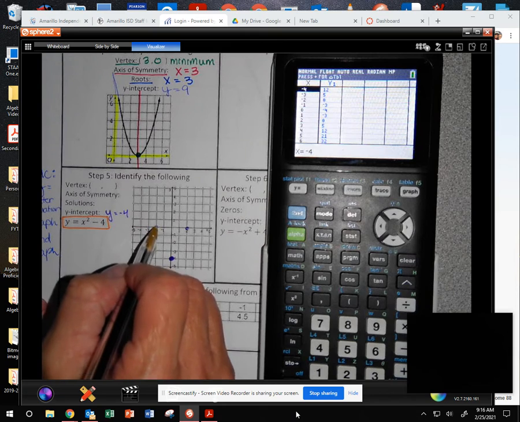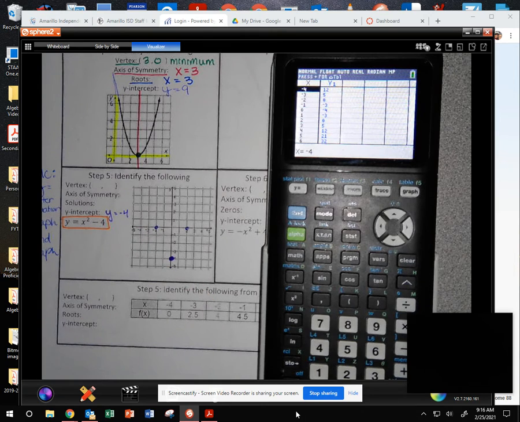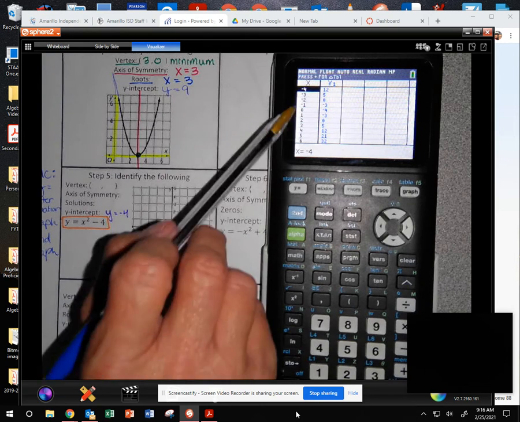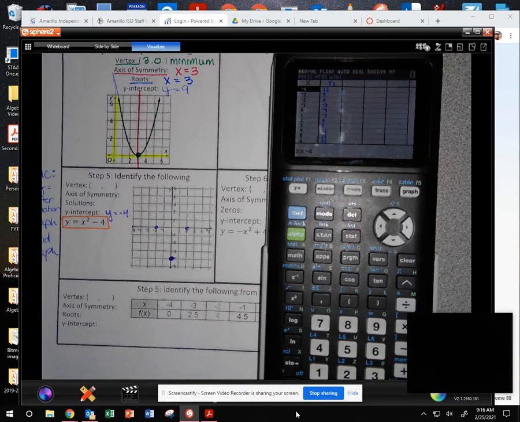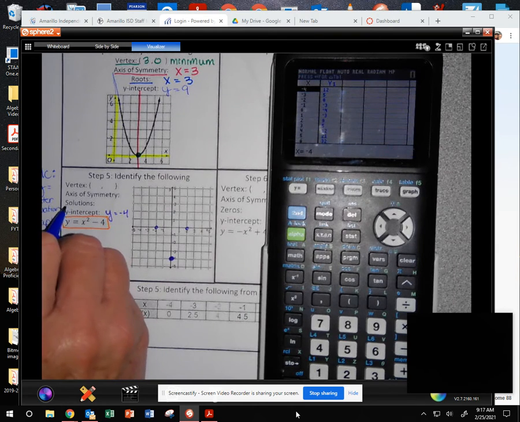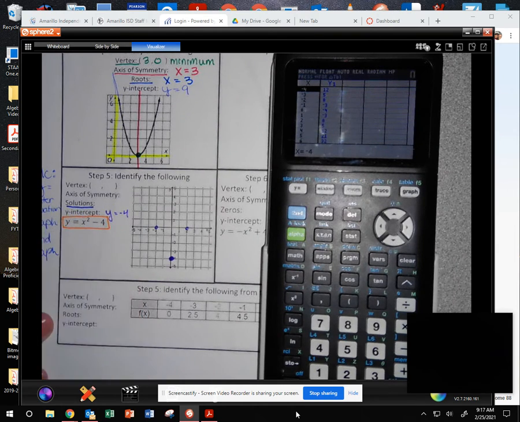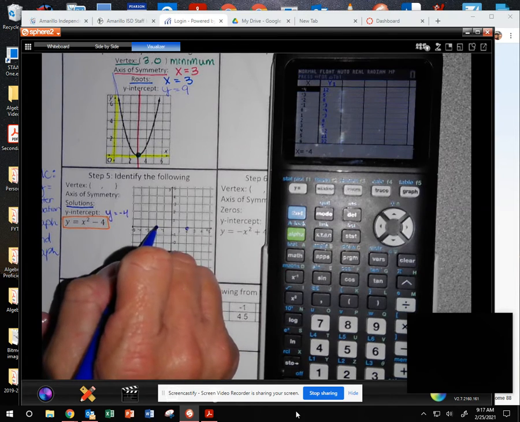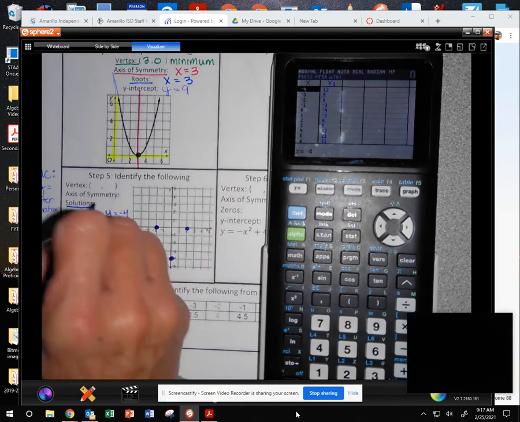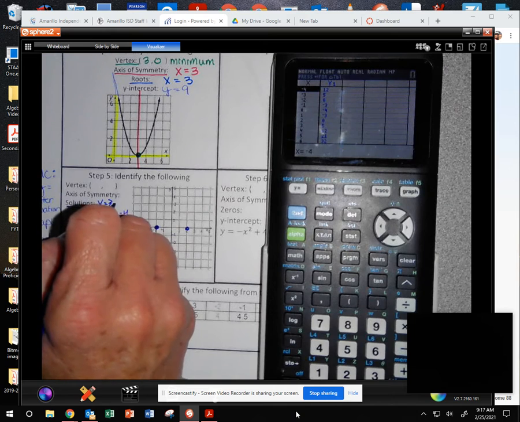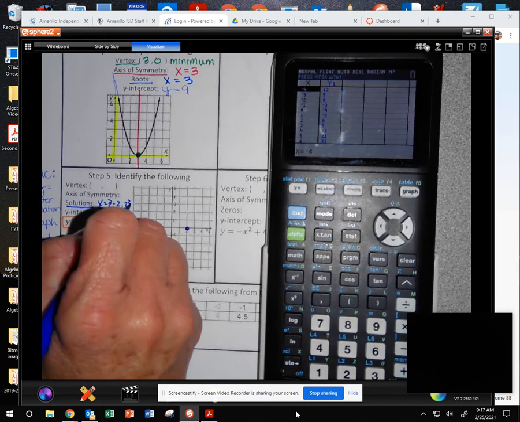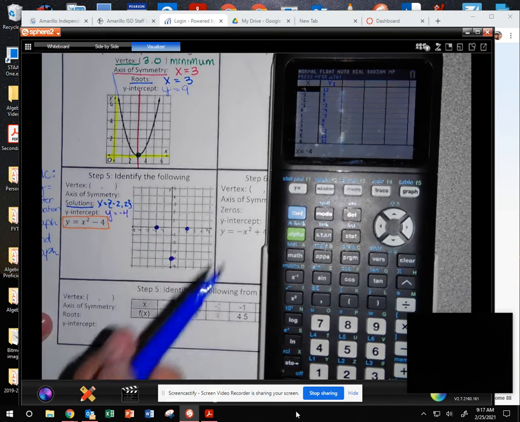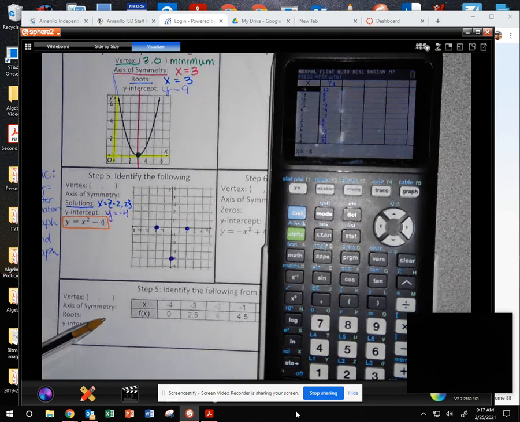Now, don't worry, because not all the time are you going to have easy numbers like this, where it just comes right out and tells you what your solutions or your x-intercepts are. So here, my solutions are where x equals -2 and 2. These are my x-intercepts where they cross the x-axis.